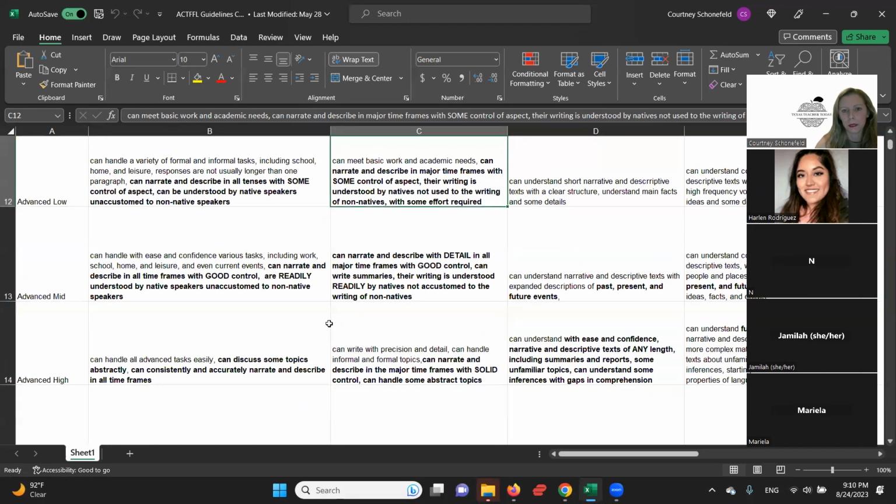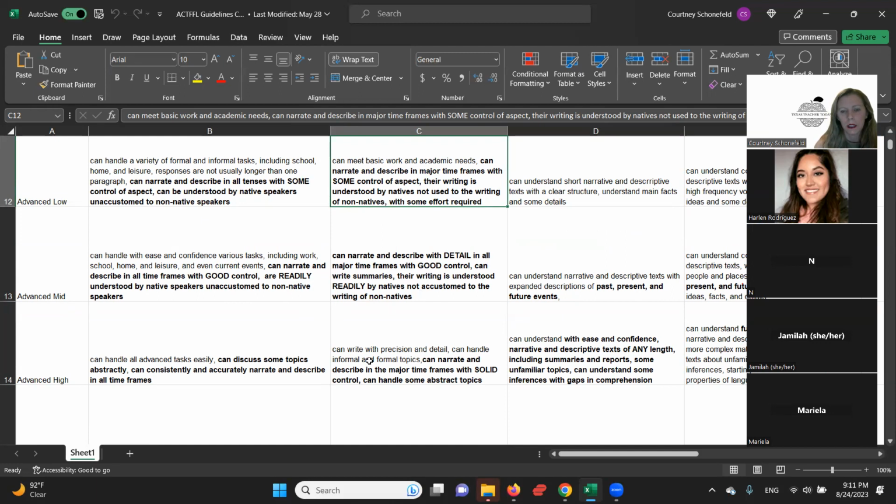And then when we get to advanced mid, they can narrate and describe with detail in all major timeframes with good control, just like for speaking. Their writing is understood readily by natives not accustomed to the writing of non-natives, just like for speaking. So see these overlaps.